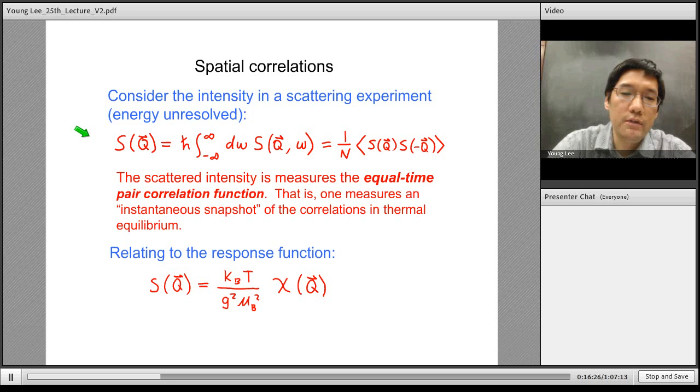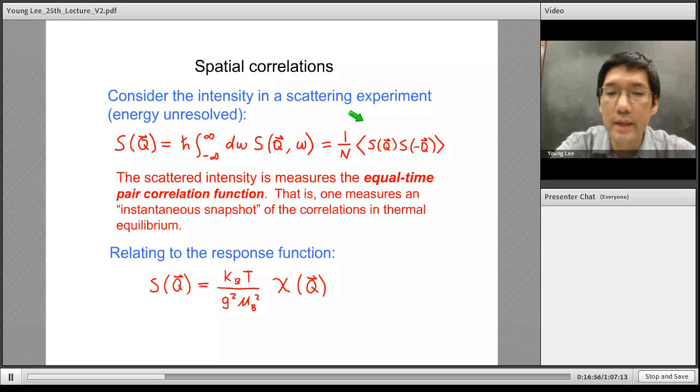What we'll consider here is if you do a neutron experiment and you don't resolve the energy, or in other words, you integrate over energy, and what we'll measure is this S of Q. This S of Q is taking the dynamic structure factor S of Q comma omega and integrating over omega. What this gives you is a spin-spin correlation function. But since you've integrated over omega, this is the equal time pair correlation function.